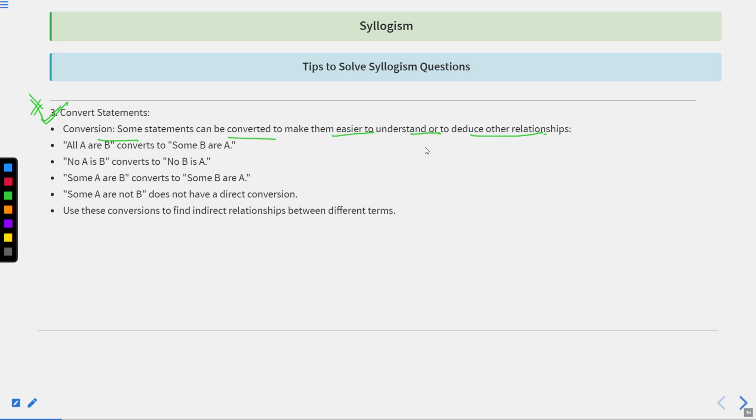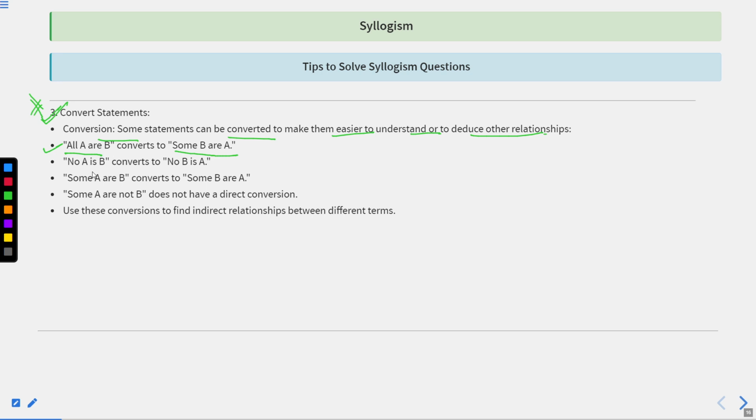So conversion becomes an important point whenever there are complex syllogisms and the statements that have been mentioned are not giving us a concrete inference. So we can convert the statements to our benefit, and we can draw the Venn diagram accordingly. If the statement says that all A are B, we can convert it into some B are A. Because if all A are B, then there are chances that at least 1% of B would be A. Correct?